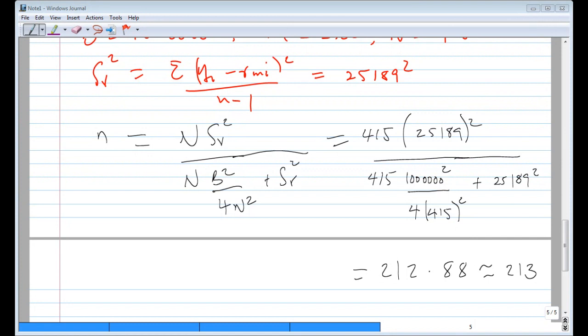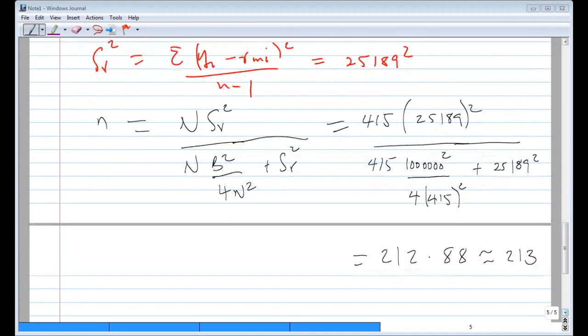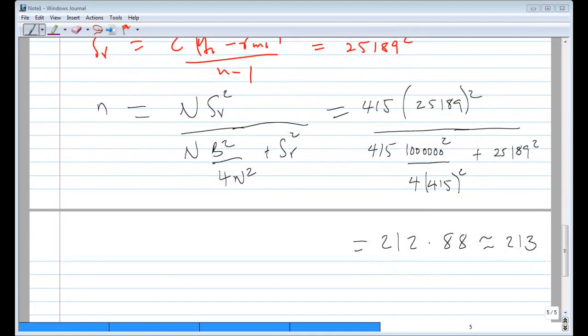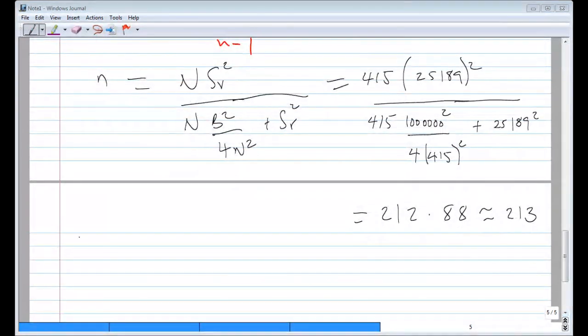Now, I have a question for you. On the same example, I want you to select the sample size required to estimate the population total when M is unknown. Are you still going to get the same answer? Let's say in this case, M is unknown.